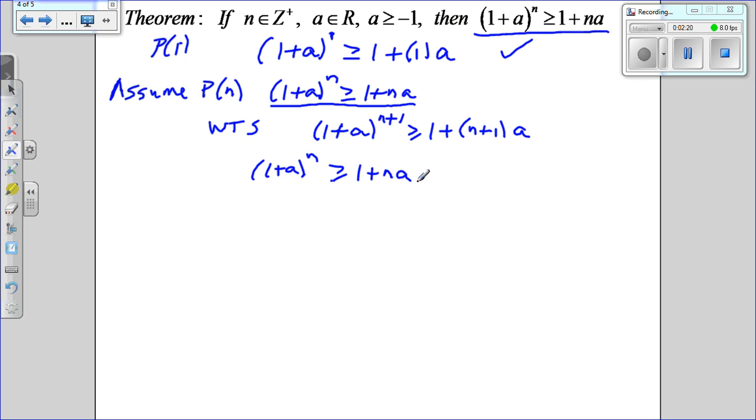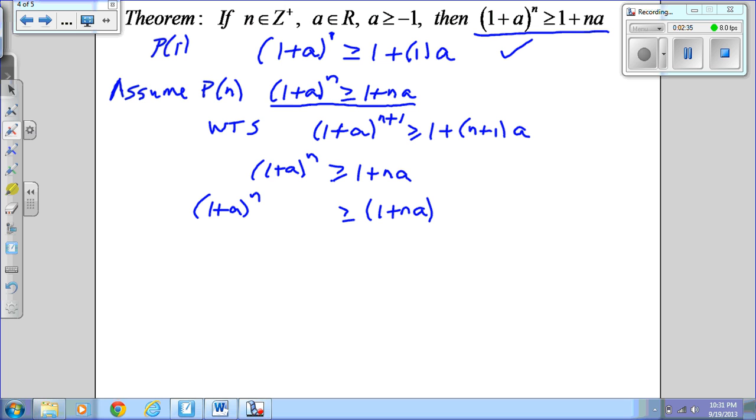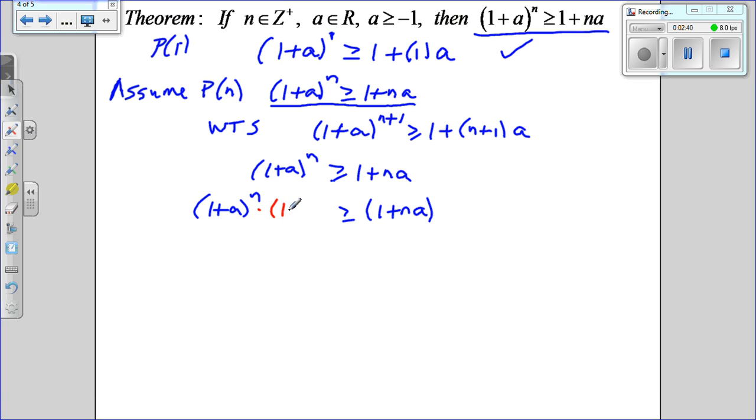So let's multiply both sides of this inequality by another factor of 1 plus a.